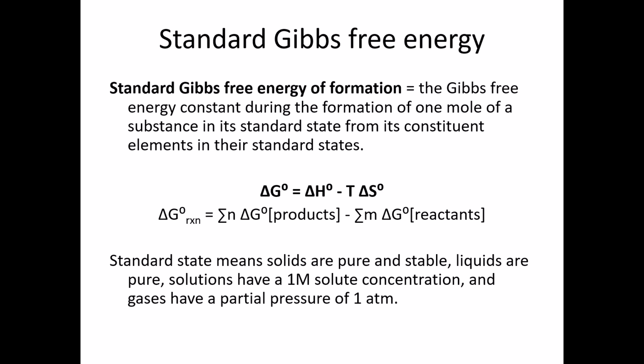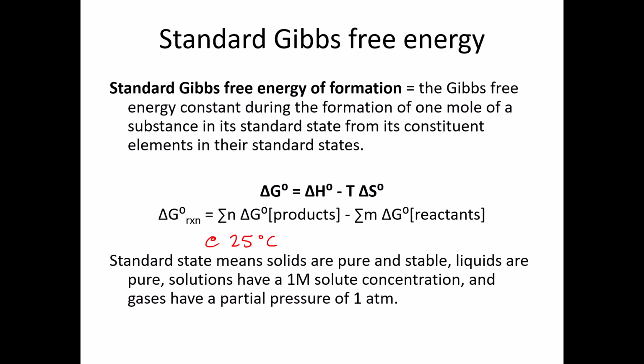Under standard conditions then, remember that means we have pure solids, pure liquids, all of our solutions are 1 molar for their concentration, all gases are at 1 atm. For the delta G, we can only do this type of equation at 25 degrees Celsius as well, and we'll come back to this idea.